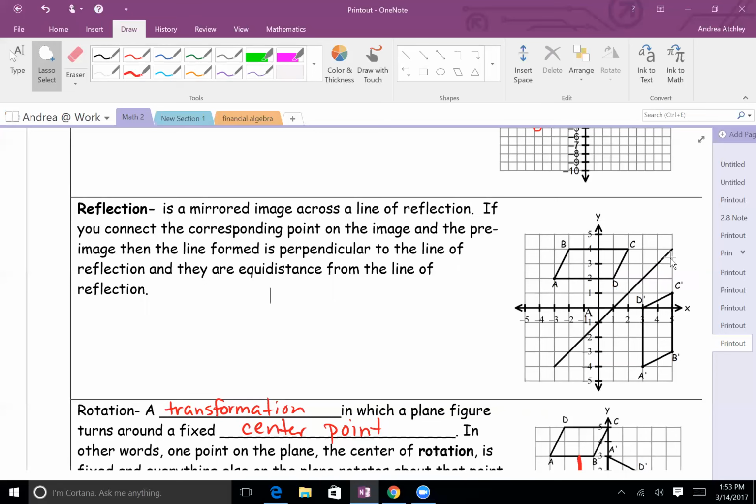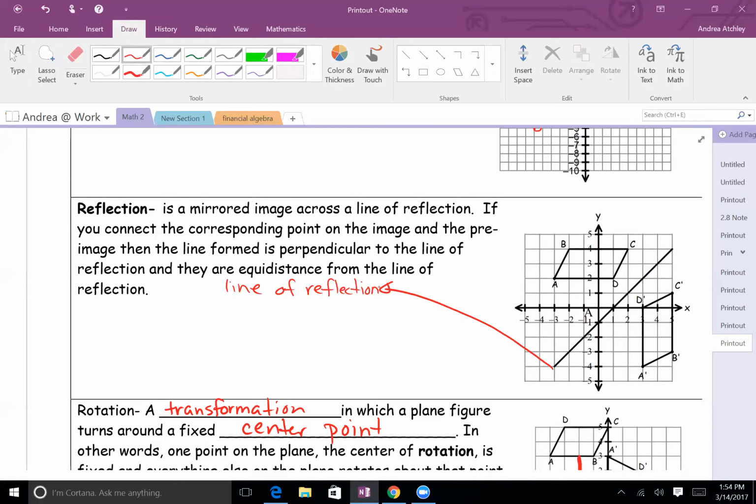So this is my line of reflection right here. If I fold my paper along that line, it'll have that image reflected across.